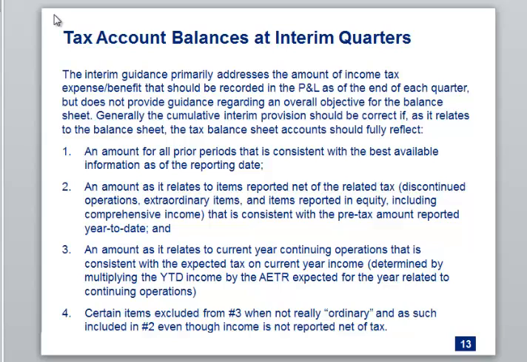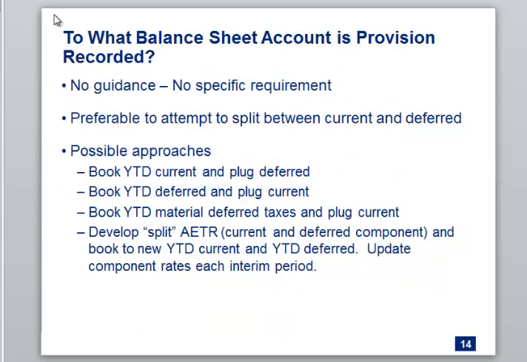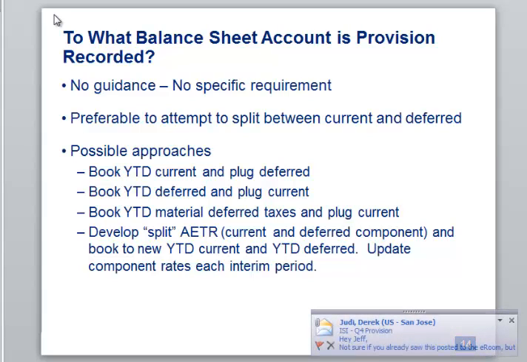Okay, so I basically covered this. No guidance on the balance sheet. The preferred method is to split it based upon some sort of common sense approach. What most people would tell you to do is forecast for the year what your payable is going to be, and forecast for the year what your change in deferreds is going to be.